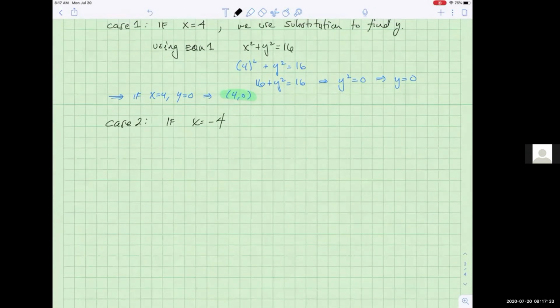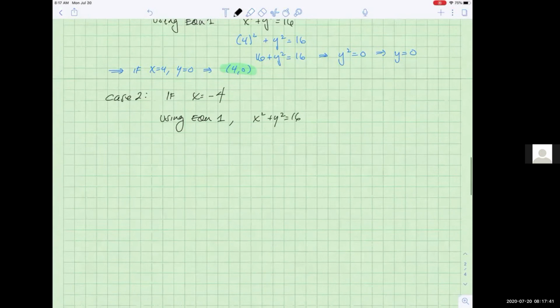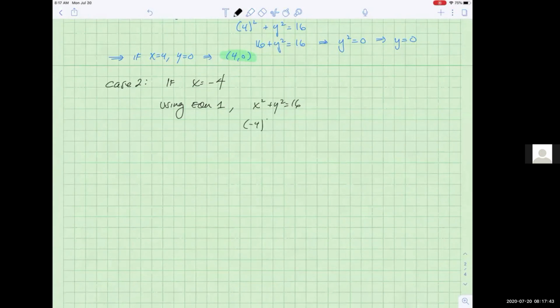And so then using equation 1 again, x squared plus y squared is equal to 16. This time we get negative 4 squared plus y squared is equal to 16, but that actually gives us the same result. 16 plus y squared is equal to 16. Y squared is equal to 0, in which case y equals 0.